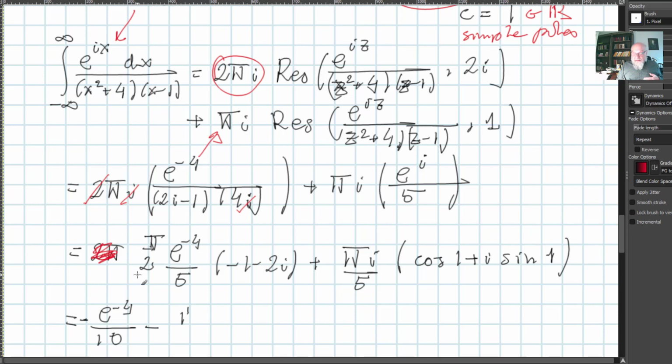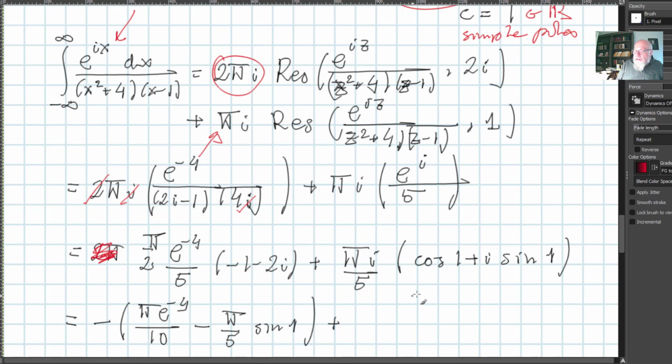So real part: this will be minus pi e to the minus 4 divided by 10, and that one is minus because this is the real part, and this will be pi over 5 sine 1, and this will be plus, and this will be again i, and that one will be pi cosine 1 divided by 5, and that one will be minus pi e to the minus 4 divided by 5. I simplified 2 by 5.